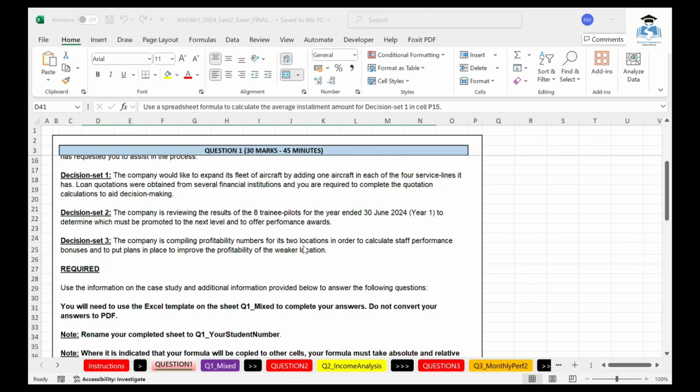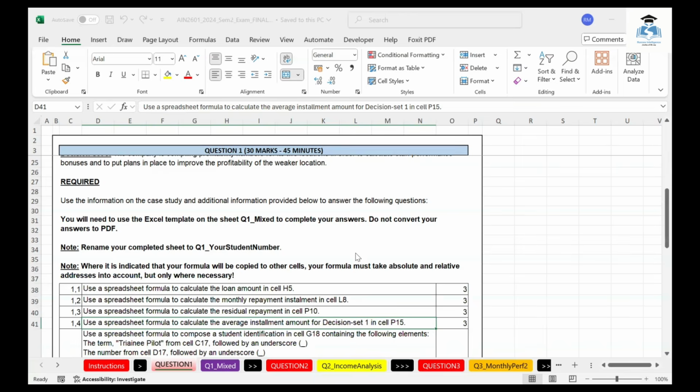Number 2: the company is reviewing the results of the 8 trainee pilots for the year ended 30 June 2024, year 1, to determine which must be promoted to the next level and to offer performance awards. Decision 3: the company is compiling profitability numbers for its 2 locations in order to calculate staff performance bonuses and to put plans in place to improve the profitability of the weaker location.